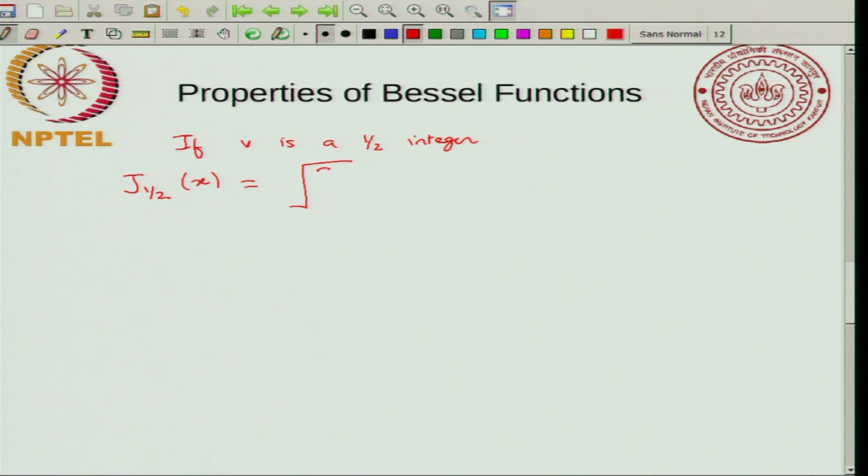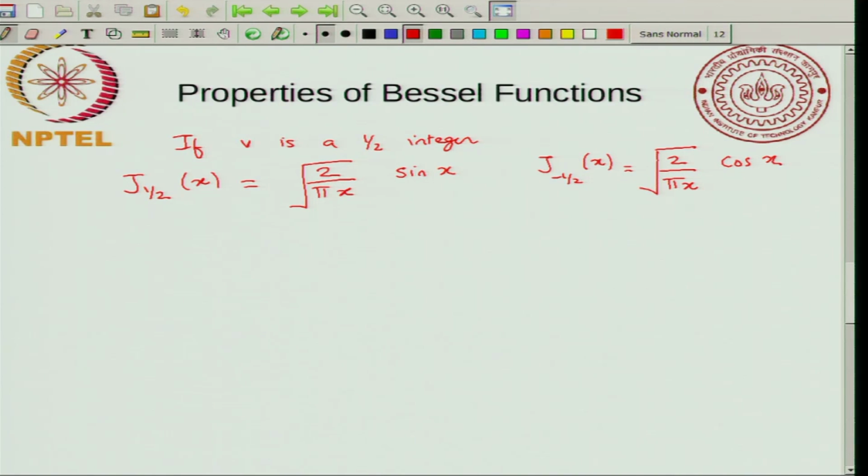It turns out to be square root of 2 by pi x, the square root of 2 by pi being a constant, but you have basically 1 by root x times sine x. So it has a very simple connection with sine x. It is just sine x divided by square root of x. Similarly, J of minus half of x, and you can imagine what this will be. This is just square root of 2 by pi x times cosine of x.